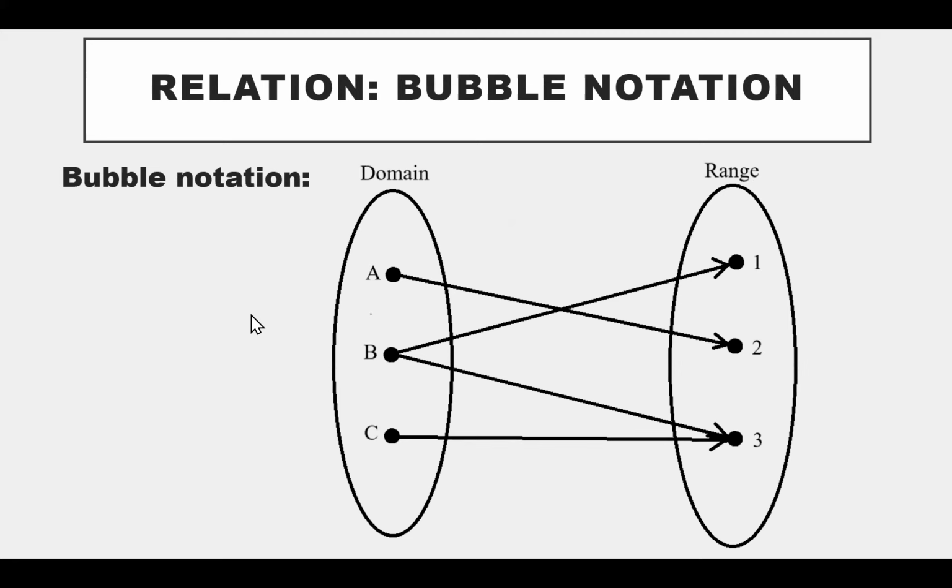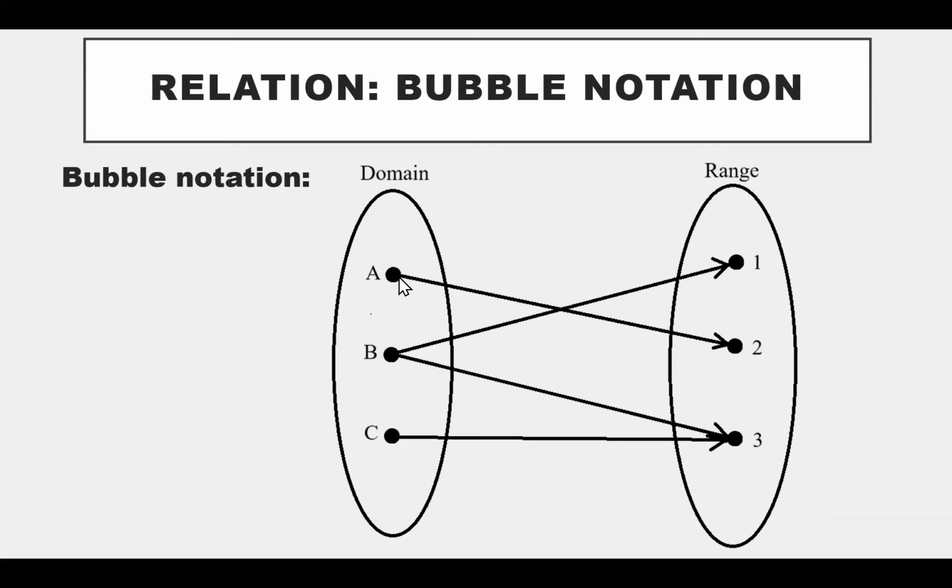One type of notation that you could see with relations is what I call bubble notation. Bubble notation for me just means I have a big circular or elliptical bubble around a set called the domain and a big circle or elliptical shape around the set called the range.